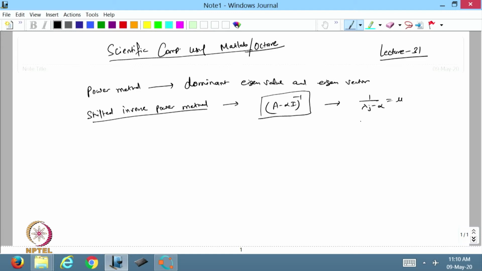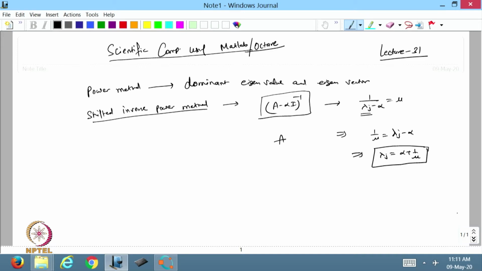Based on this I can find the value of lambda j. From here I can write that 1 over mu is equal to lambda j minus alpha, and so lambda j is equal to alpha plus 1 over mu. This way we are able to find the value of any eigenvalue of a matrix A.